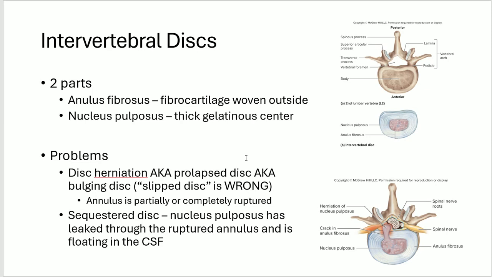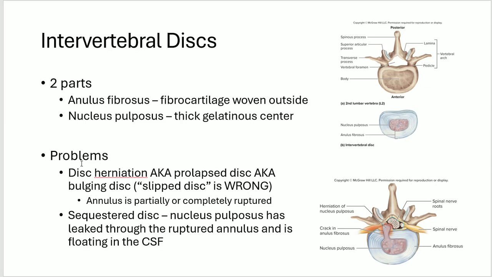If something were to happen to the annulus where the nucleus pulposus was able to leak out, like in this picture, herniation of nucleus pulposus, you would be in a lot of pain. This would be like putting acid on your spinal nerves. If this gel ever touches the nerve, that would be excruciating pain.